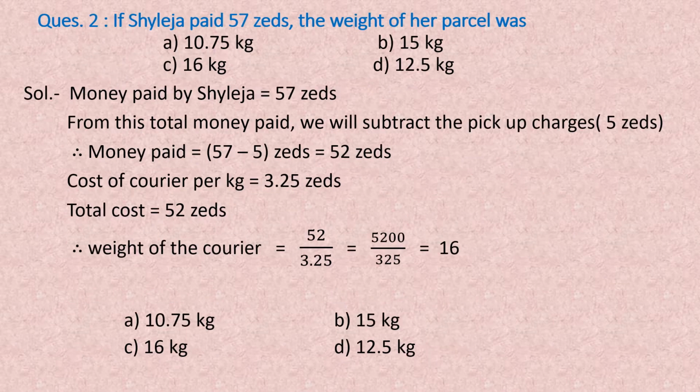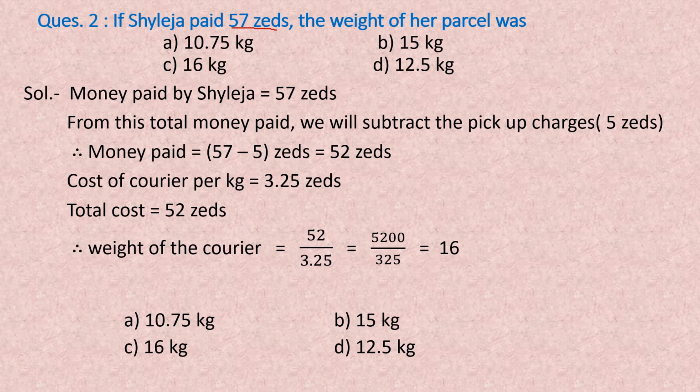Now question number 2. Question number 2 is, if Shalja paid 57 Zs, the weight of her parcel was, now 4 options are given. So basically in this question, total charges are given. Total charges are 57 Zs, and we have to find the weight of the parcel. Right? So let's recall the details given in the first question.